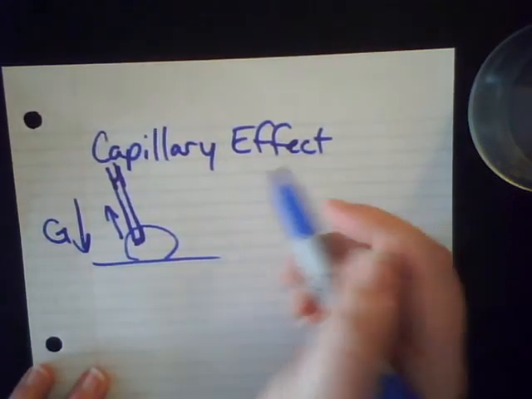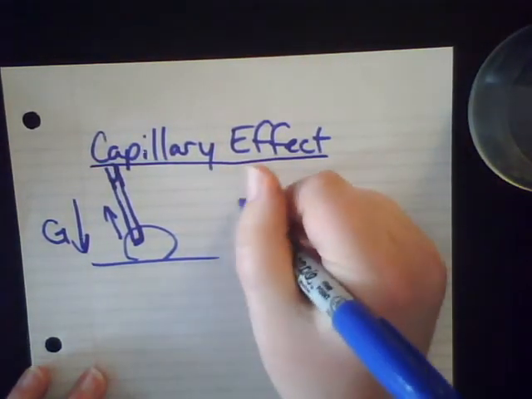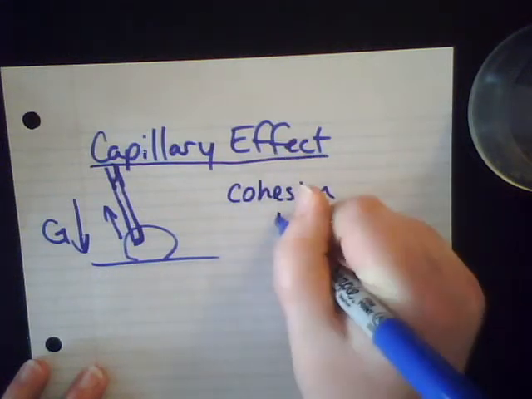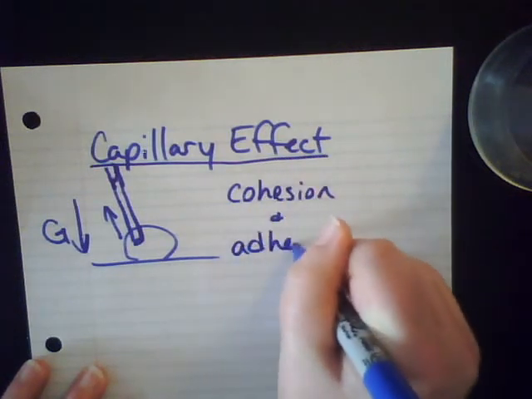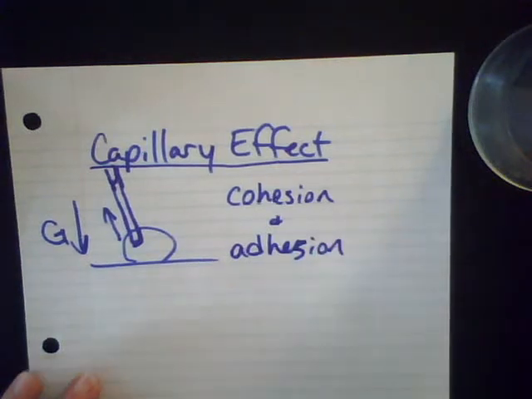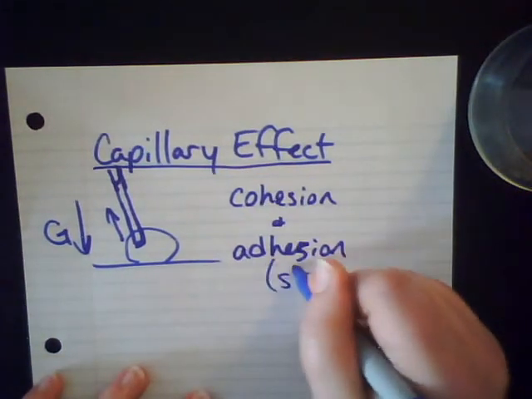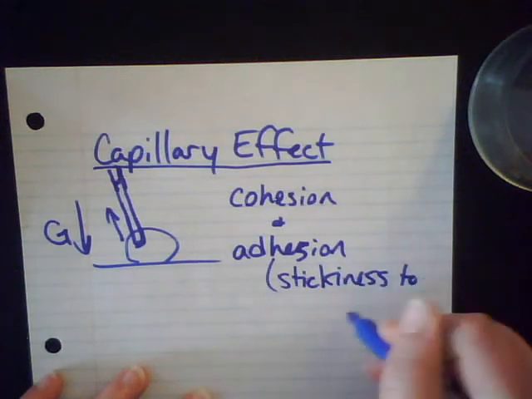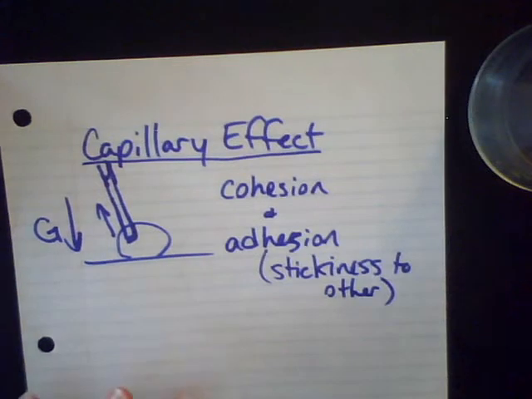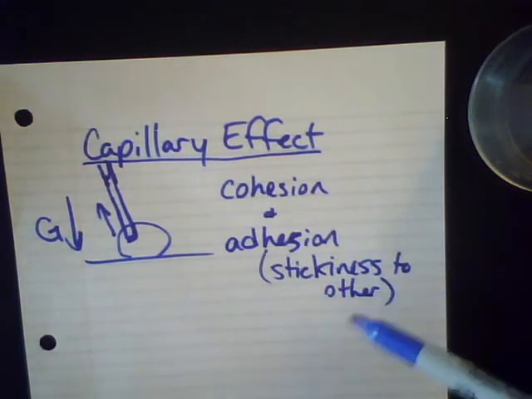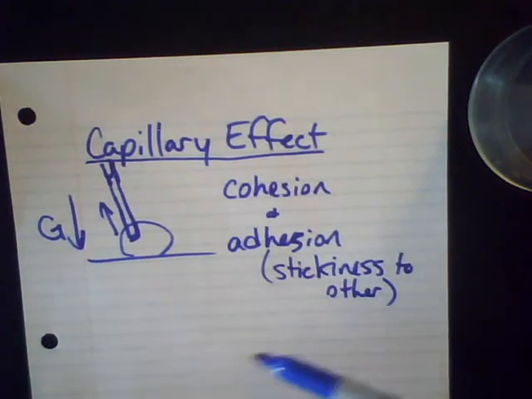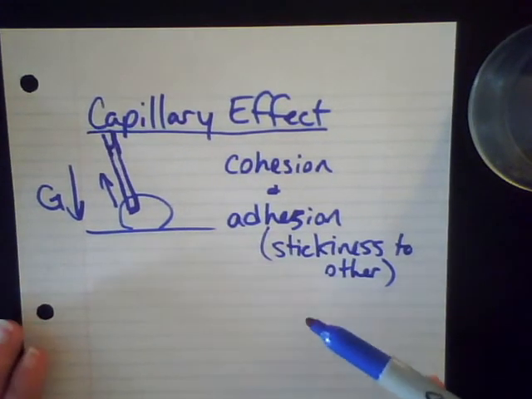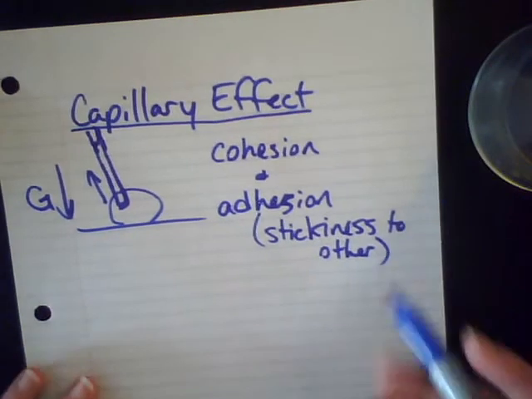So we said that cohesion is stickiness to itself, and cohesion and adhesion account for this capillary effect. So adhesion is stickiness to other. Okay, and by other here I just mean to other surfaces, specifically, in the case of water, something like glass or plastic. Okay, so it works something like this.